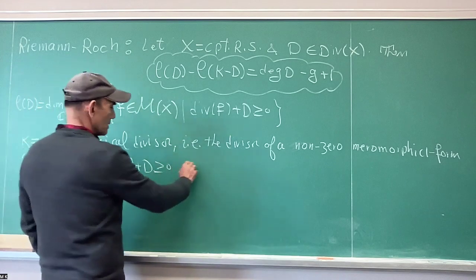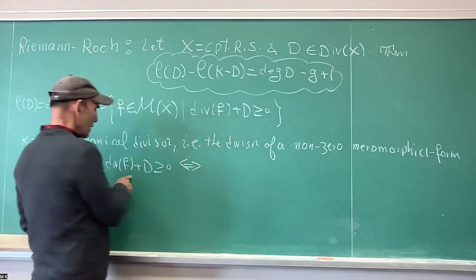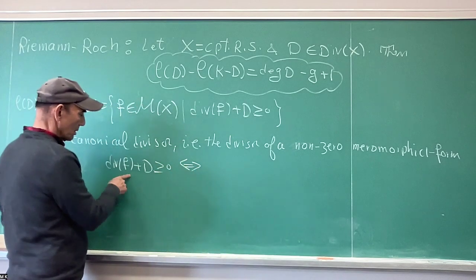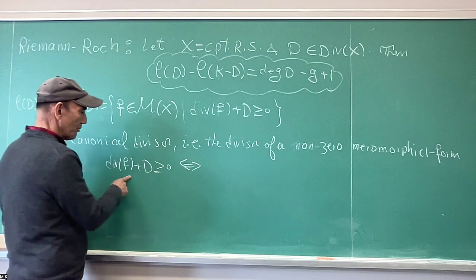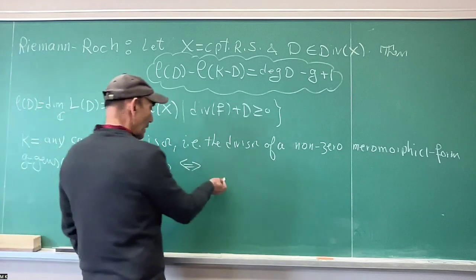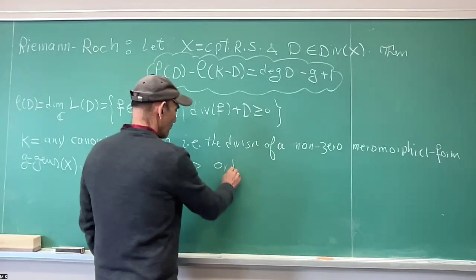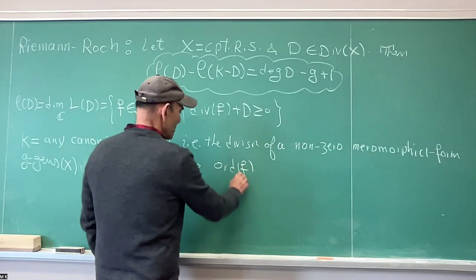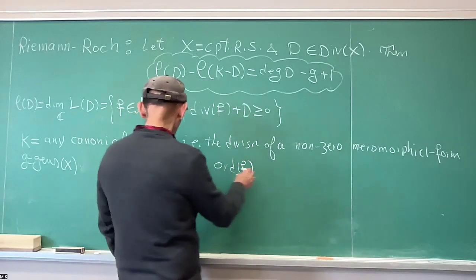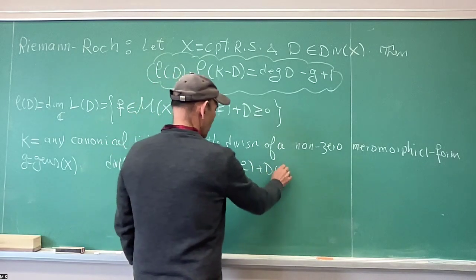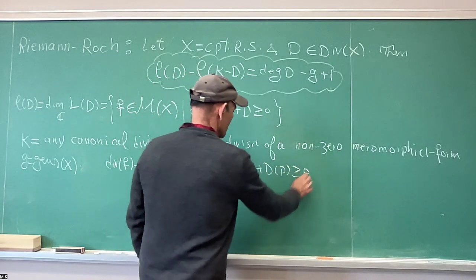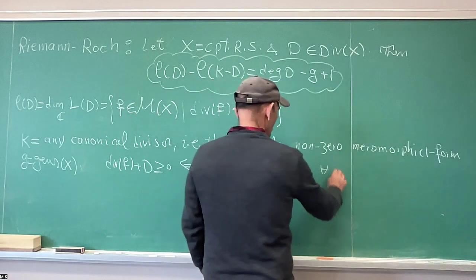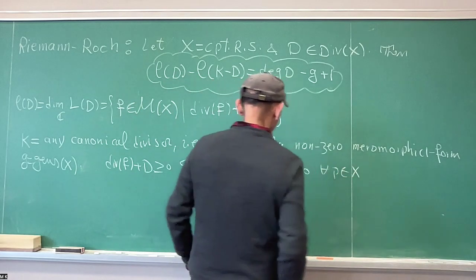This means that basically at any point, the valuation of the divisor is non-negative, which means that order of F at P plus D of P is bigger than or equal to 0 for all P belonging to X.